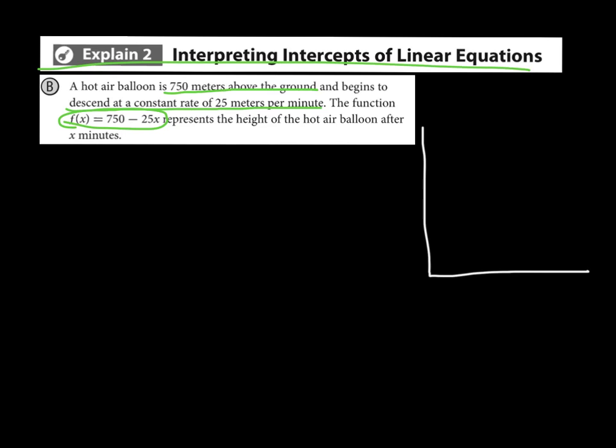The directions aren't on here, but what they're wanting us to do is to find the x and y intercepts, and to figure out what they represent. So we're going to find them, and maybe explain or interpret is a good way to say that. So this f of x, remember, f of x is kind of like the same thing as saying y.